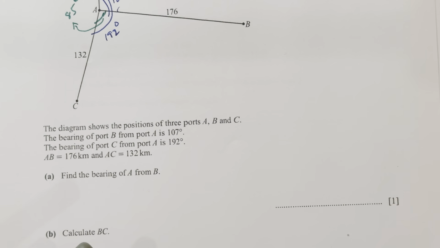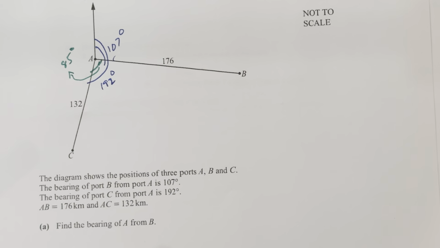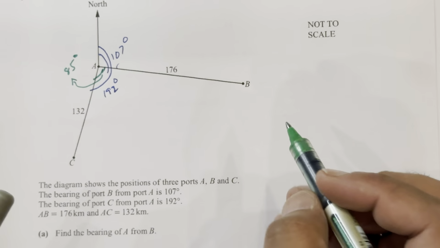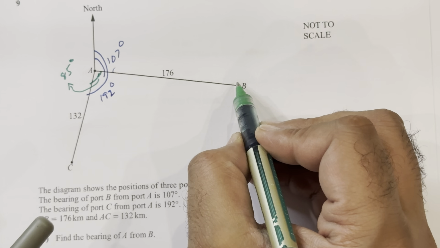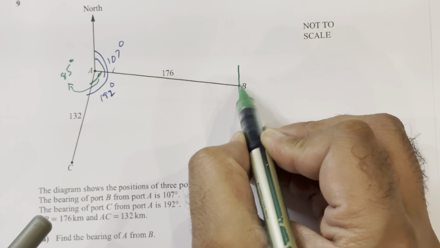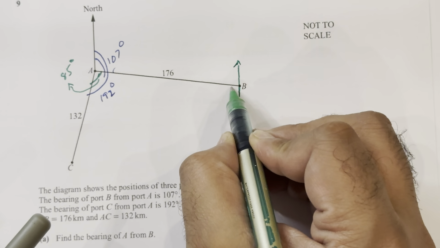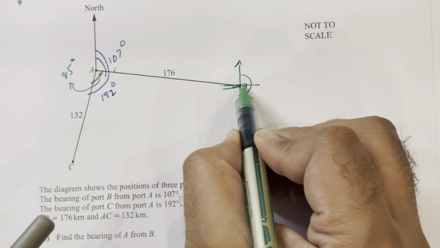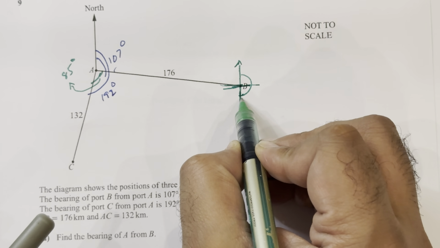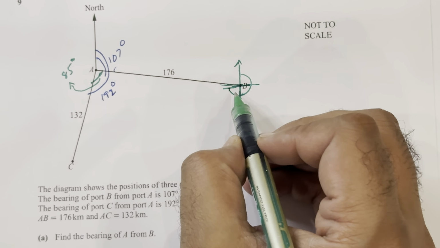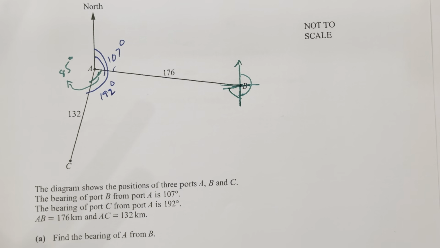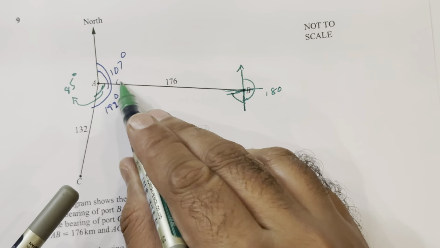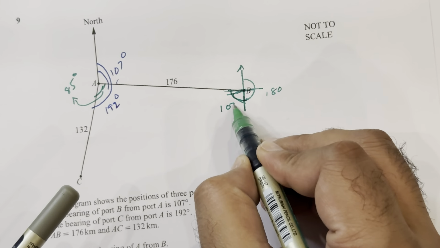Find the bearing of A from B. Bearing of A from B. So we have to draw north over B. We know that this is 180 degrees, and over here if this is 107, then this would also be 107.